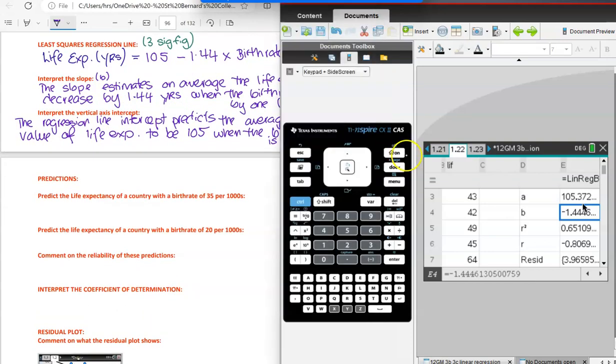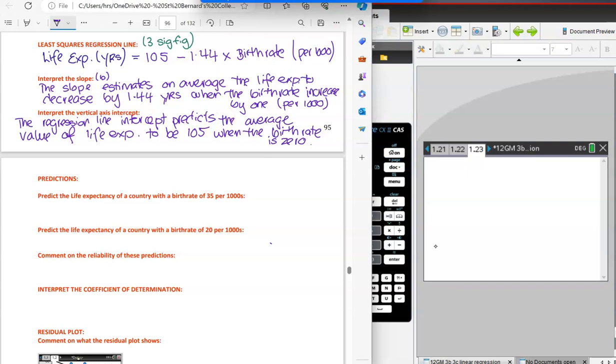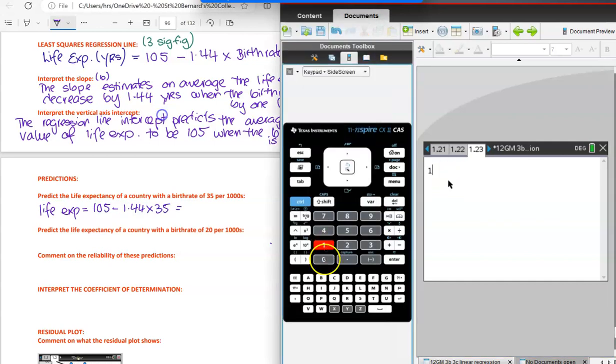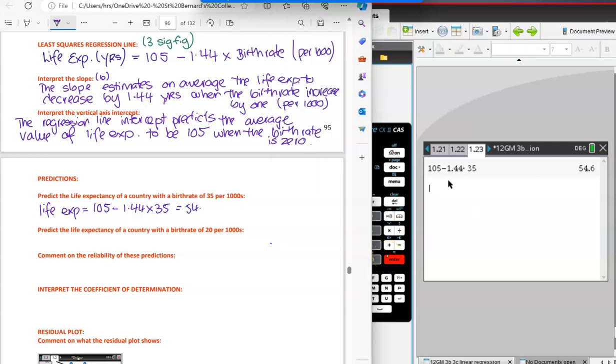Okay, so now we're up to doing some predictions. So it's saying to predict life expectancy for a birth rate of 35. When you predict, you just use the equation. So it's 105 minus 1.44 times 35. So if I do that on the calculator there, I get 54.6.